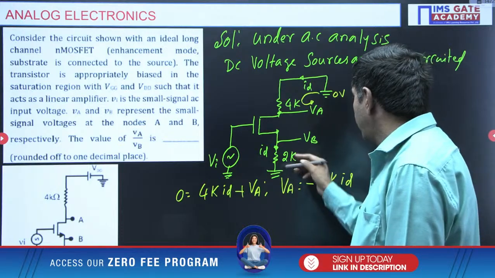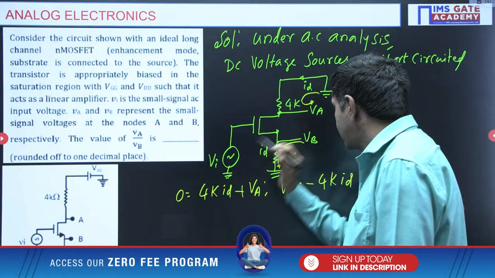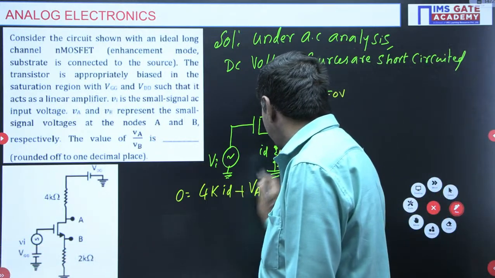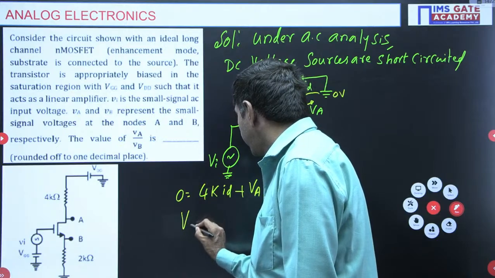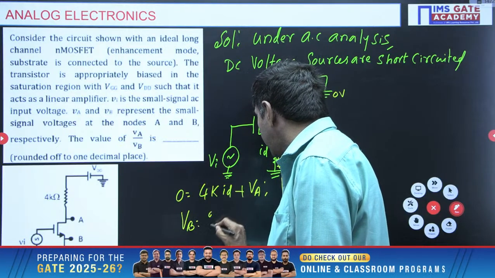To find VB, I apply KVL in this part. VB equals 2K into ID.